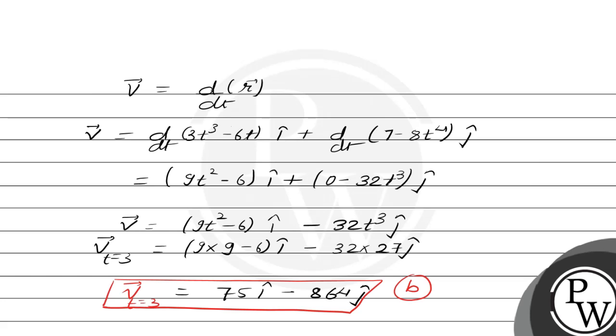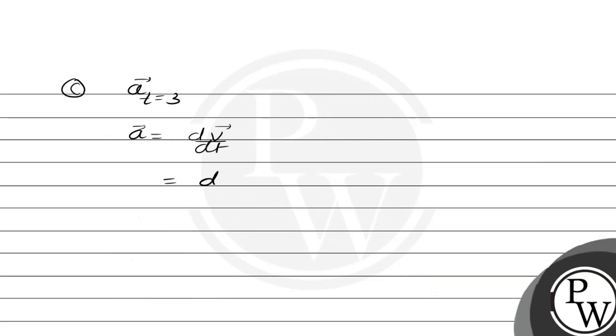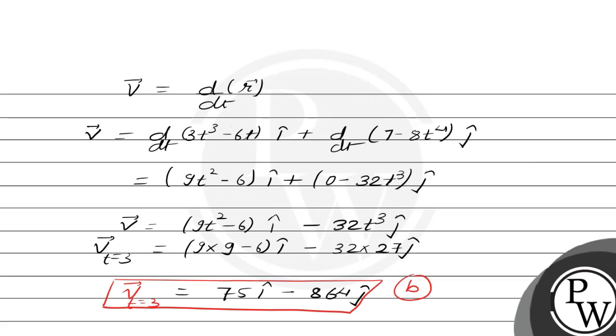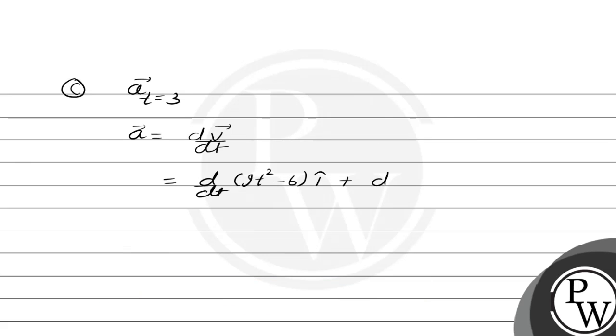Now in part C, we were required to find acceleration at time t equals 3. Same procedure we will follow, but this time we will differentiate velocity with respect to time. Now velocity we calculated 9t² minus 6 i cap plus d by dt of minus 32t³ j cap.